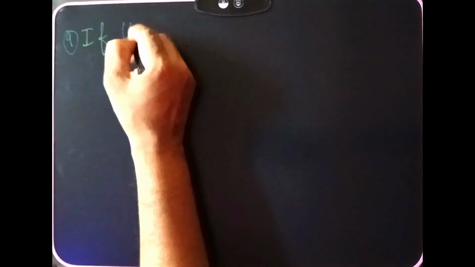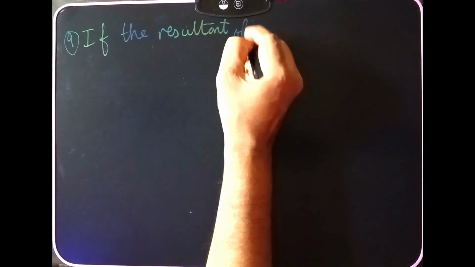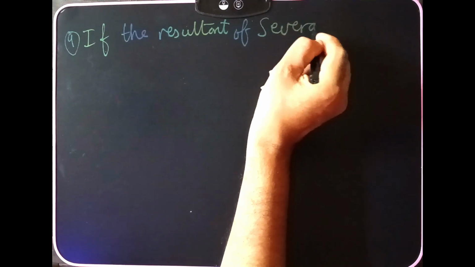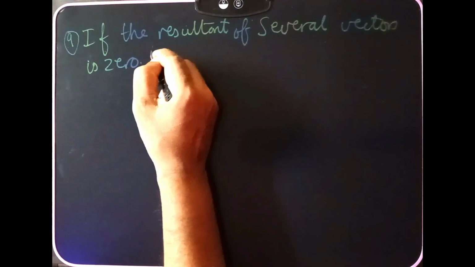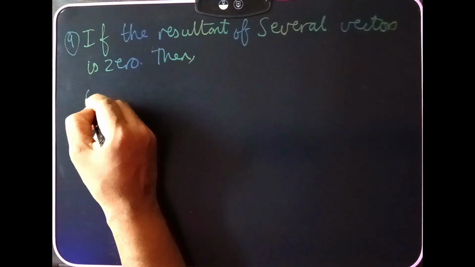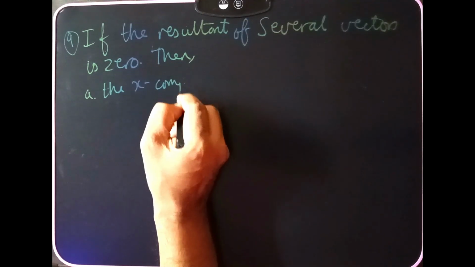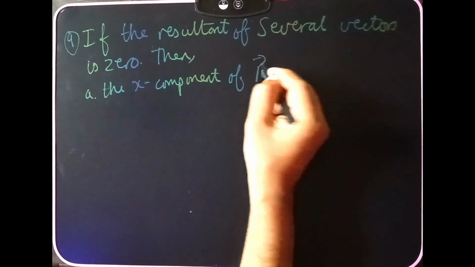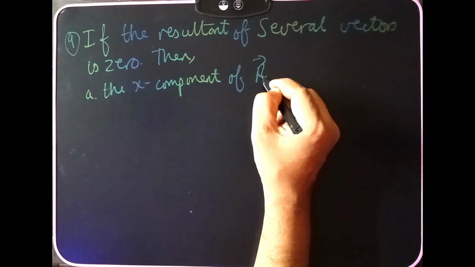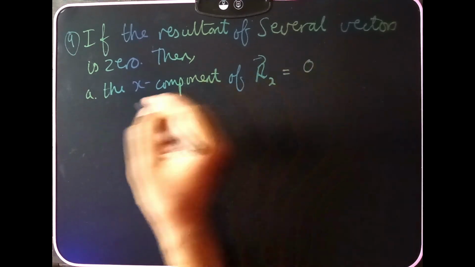If the resultant of several vectors is 0, then option A: the x component of the resultant vector must be 0.